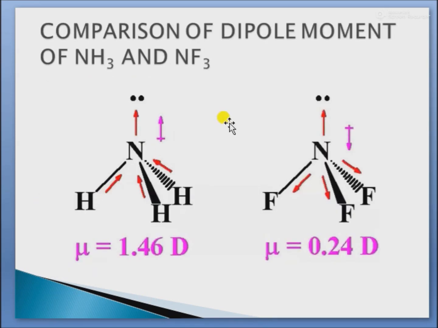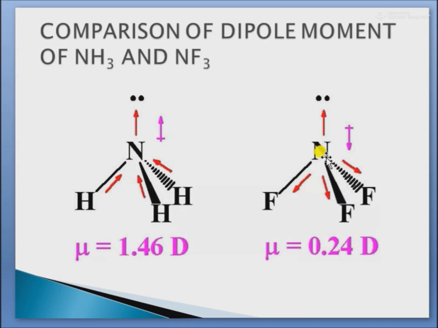Next is a comparison of dipole moment of NH3 and NF3. In case of NH3, nitrogen is more electronegative than hydrogen, and it pulls the electrons of hydrogen towards itself, and the net dipole moment is in the direction of lone pair of nitrogen. It means all the dipole moments of hydrogen added to the dipole moment of nitrogen.